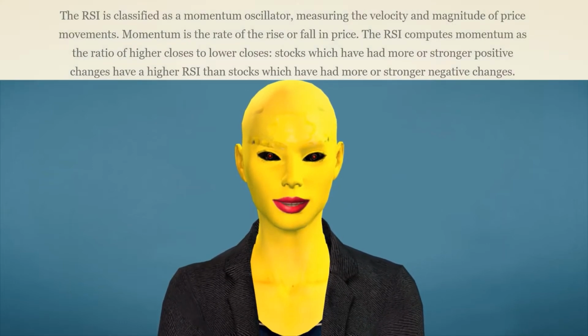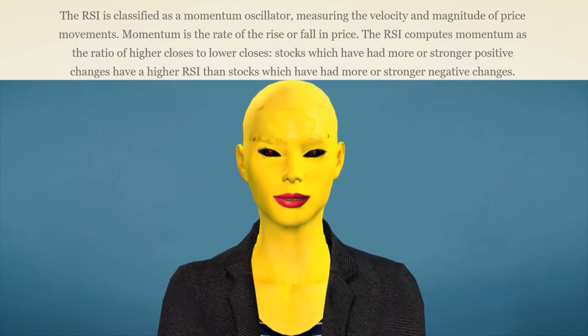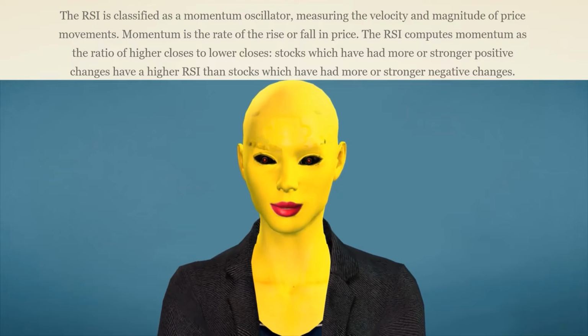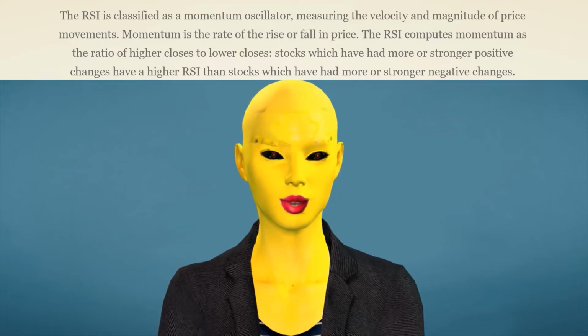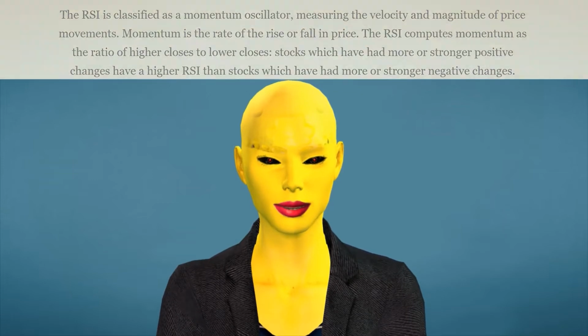The RSI is classified as a momentum oscillator, measuring the velocity and magnitude of price movements. Momentum is the rate of the rise or fall in price. The RSI computes momentum as the ratio of higher closes to lower closes. Stocks which have had more or stronger positive changes have a higher RSI than stocks which have had more or stronger negative changes.